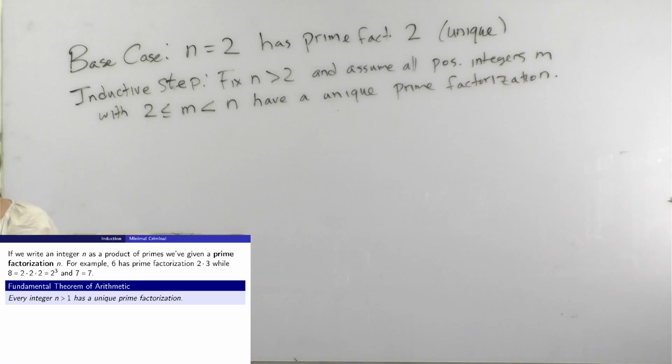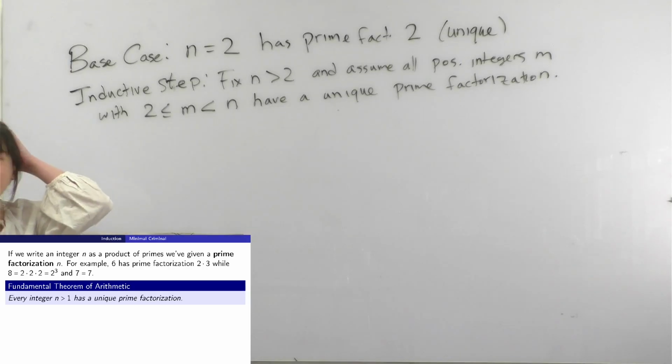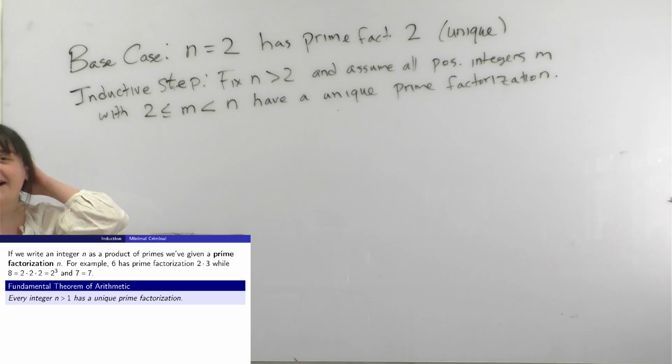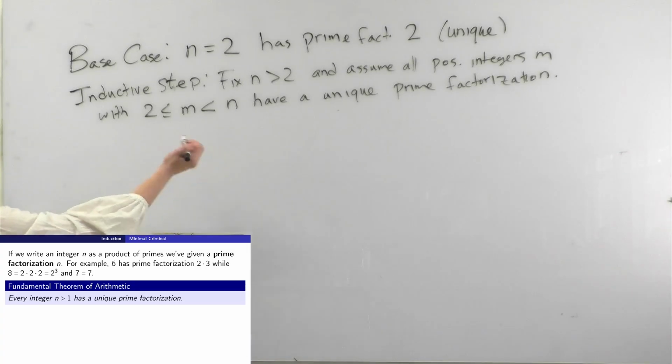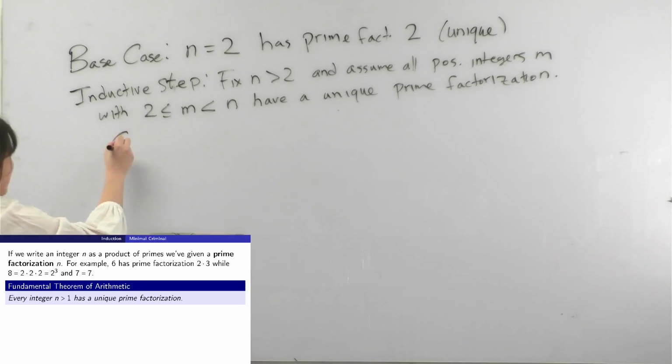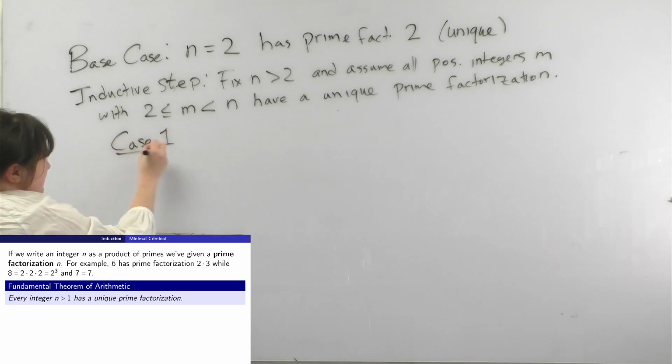This is strong induction, I guess. I just have an inkling that probably I want to have this hold for everything that's smaller than n. And I want to show that this means that n also has a unique prime factorization. Okay, so I can think of 2 cases.